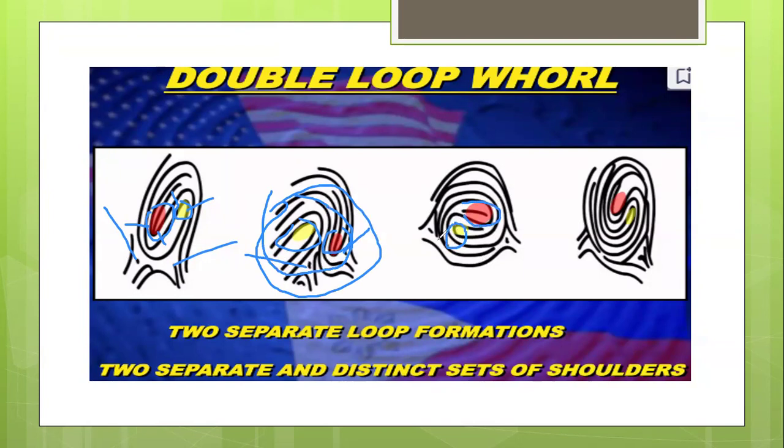Mayroon bang mga shoulder? Yes. Mayroon bang dalawang delta? Yes. So, anong loop pattern yan? Double loop whorl pattern. And another example, separate loop, separate loop. Ayan. And this is the right delta. Ito. This is the RD. And then the LD. Ayan.